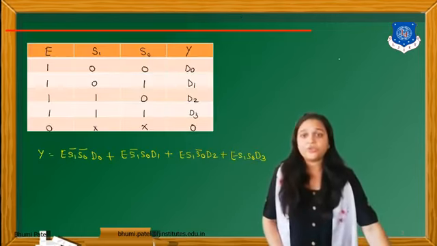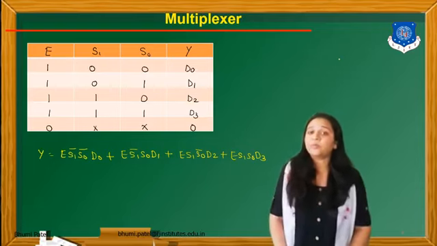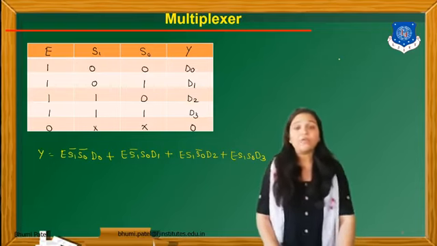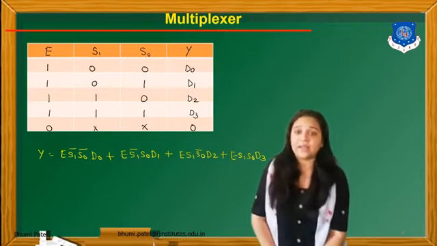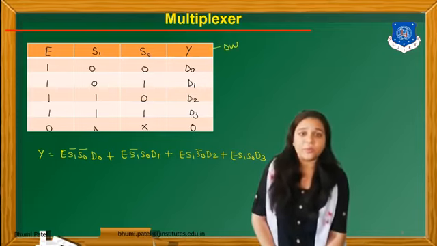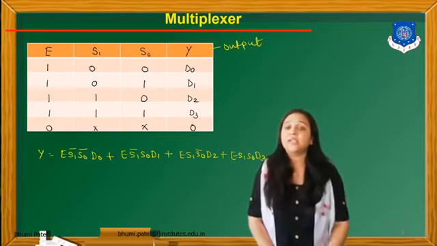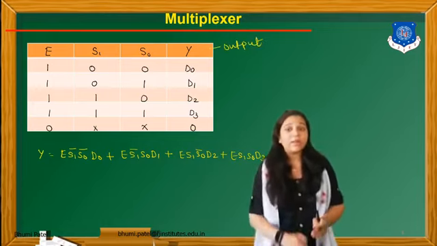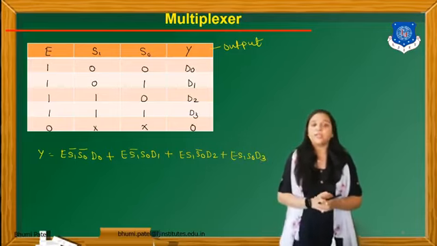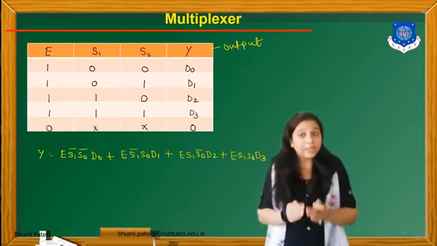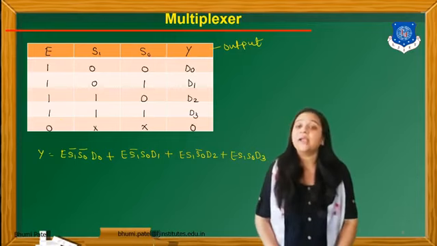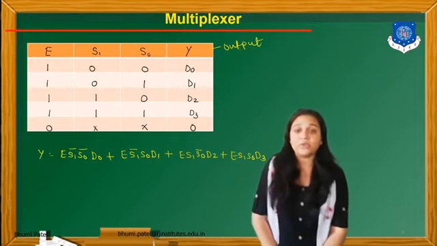So this is the truth table of the multiplexer. We have 2 selection lines, S1 and S0, and Y is my output signal. And what is E? E indicates the enable input. The enable input must be on for the multiplexer, so the enable pin must be high.